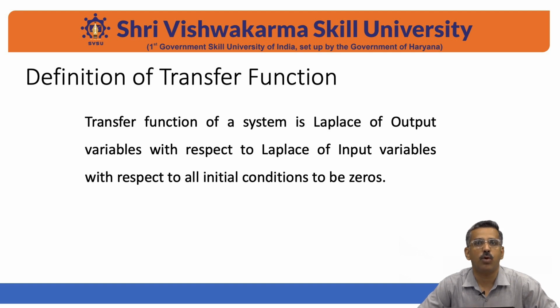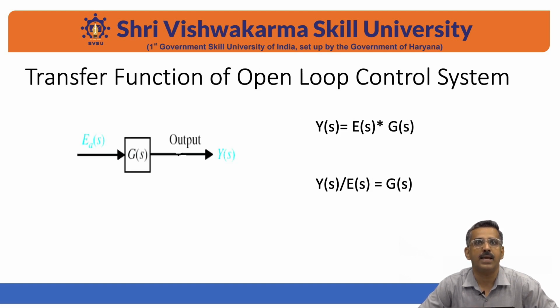Let us assume the open loop control system. In the case of the open loop control system, as a linear time invariant system, as an LTI system, r(t) is the input of a system which is represented as g(t), and y(t) is the output of that system.